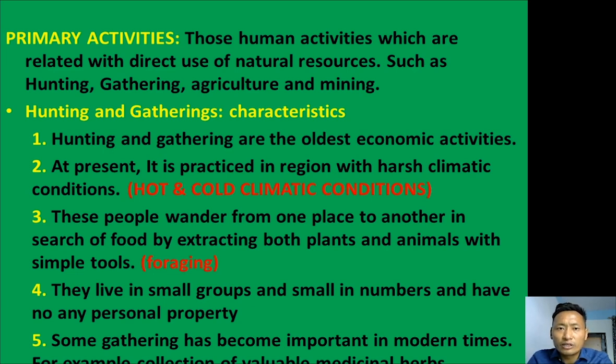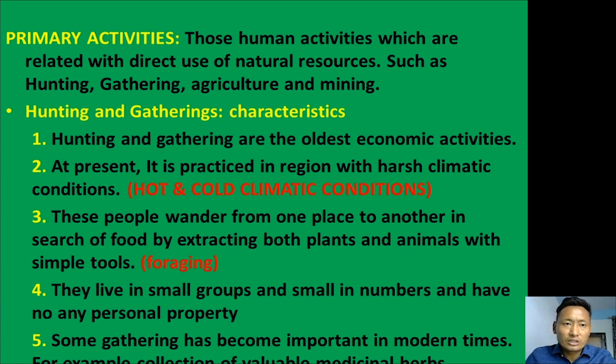These types of human activities on this planet are called primary activities. Examples of primary activities are hunting and gathering, agriculture, and mining. So these are some of the examples of primary activities.